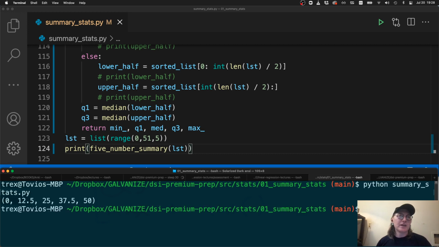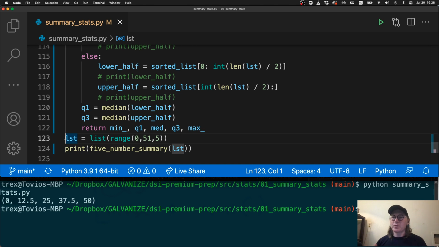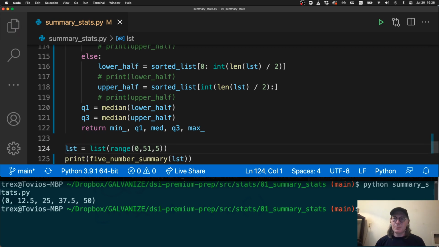We can peek into our data and say, well, what's the minimum? What's the max? What's the median? Where does that Q1 sit? Where does that Q3 sit? And we can get an immediate view of the shape of our data. And what do I mean by shape here? It's just, where are these moments in the data? Where do those things sit?